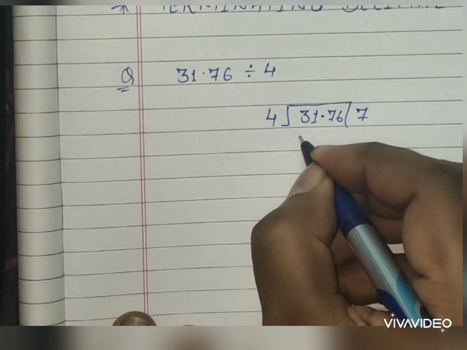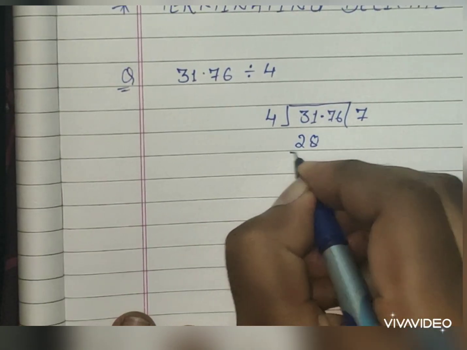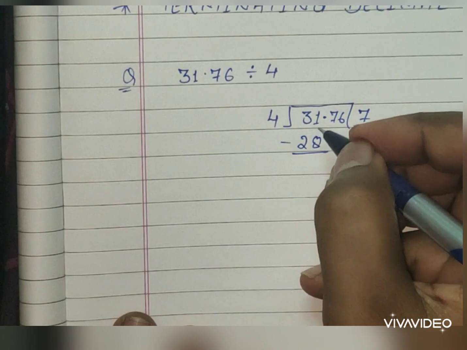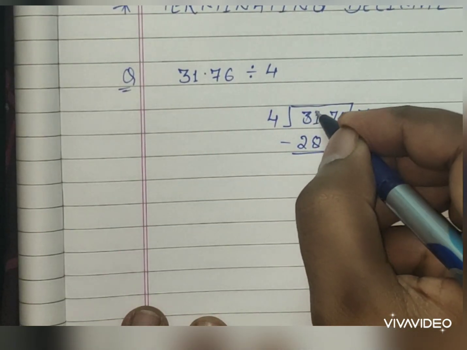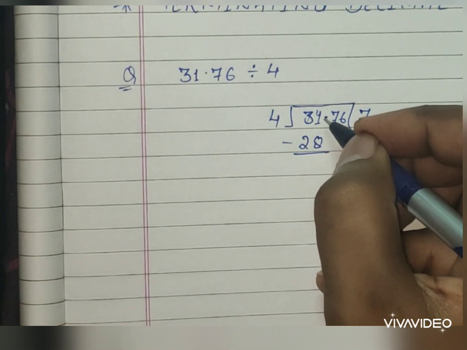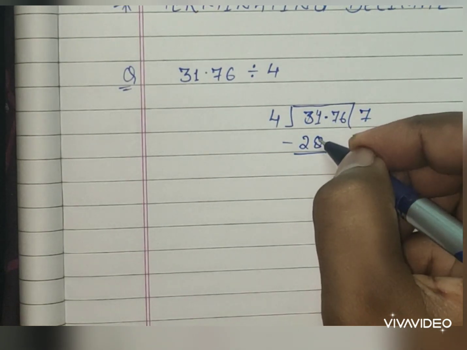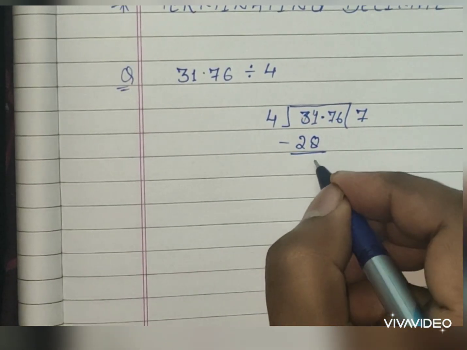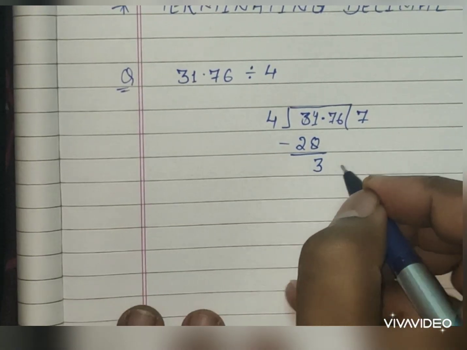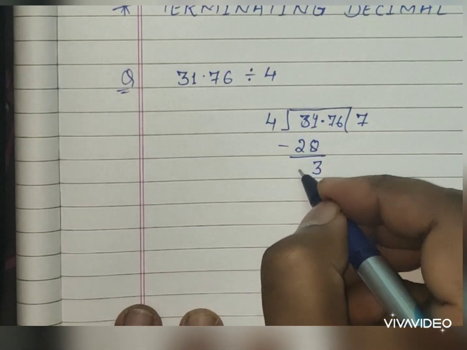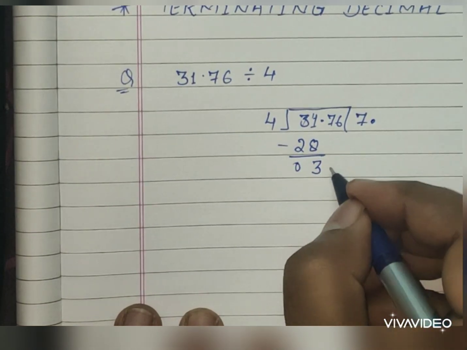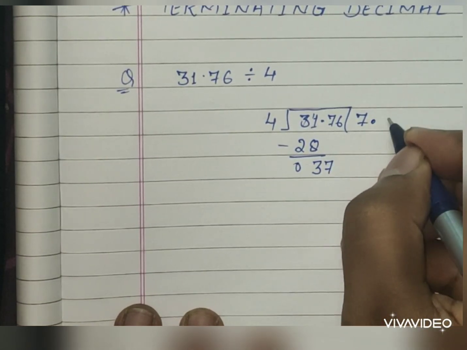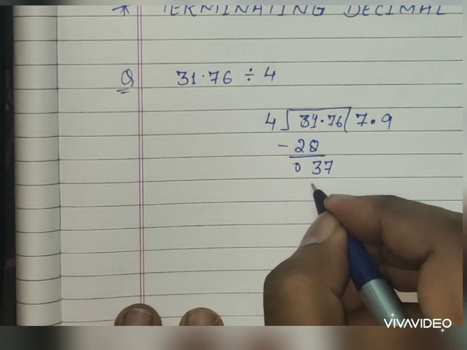We will take a smaller number. Now subtract this, carry over 8, 11 minus 8 will be 3. Clear? And there is 2, so 0 will be there. Now put the decimal sign over here and 7 will come down. 4 9s are 36.